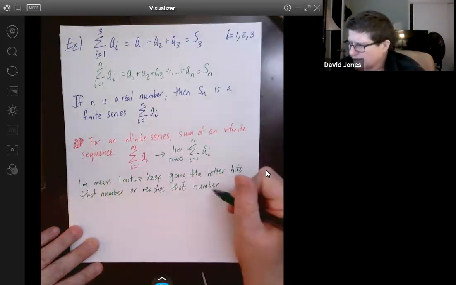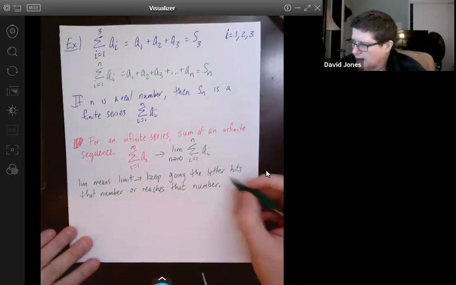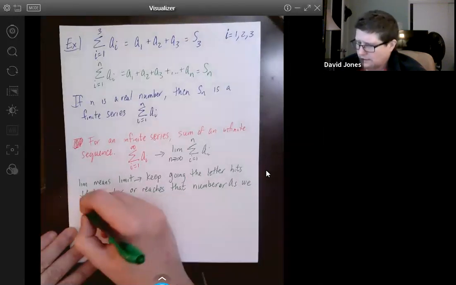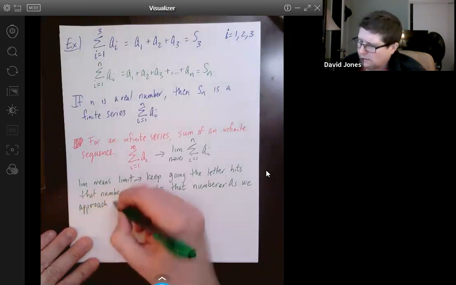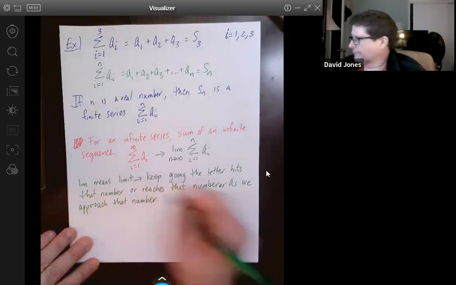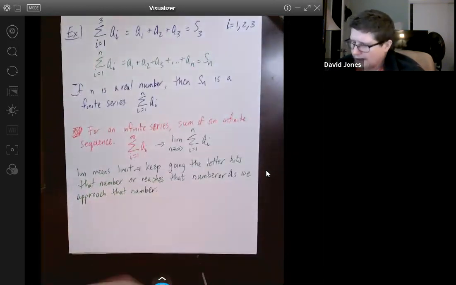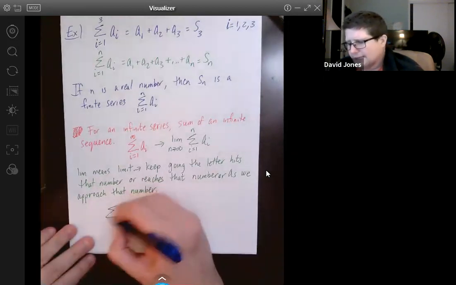That's one use of it. And you'll also see in calculus, limit also means as we approach that number. And I keep doing this little i thing, so I want to talk about that again for a second.